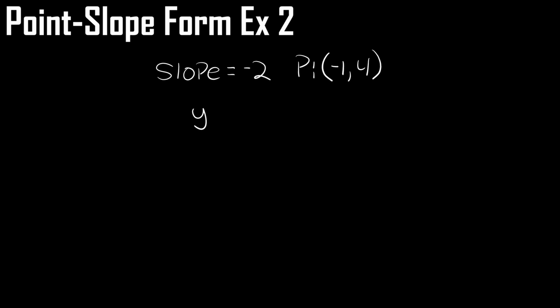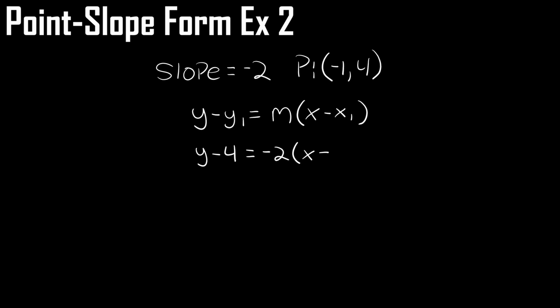So point-slope form is y minus y1 equals m times x minus x1. Let's plug in our point and slope. So we're going to get y minus y1, which is 4, equals m, which is -2, times x minus x1, which is -1. So now we have our line in point-slope form.